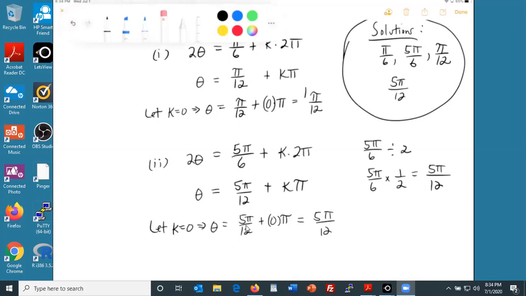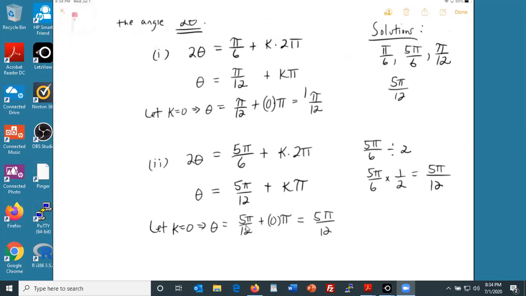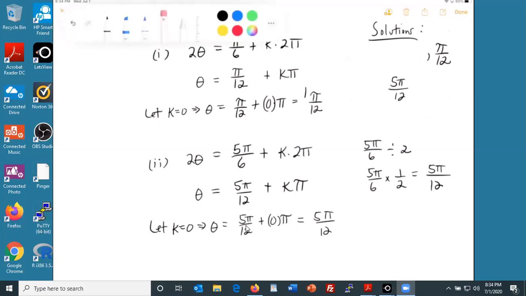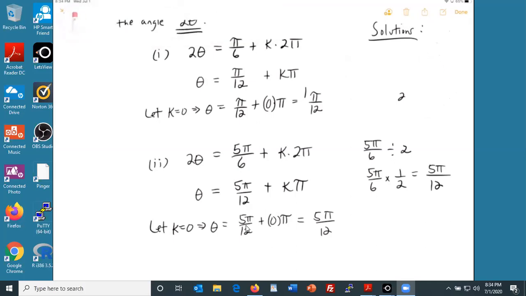Oh, no, I'm sorry, that's wrong. These are not solutions, these two. So far, I only have two solutions. They go into the formula here. Sorry about that. So we have, let me clean this up. So far we have pi over 12 and 5 pi over 12.